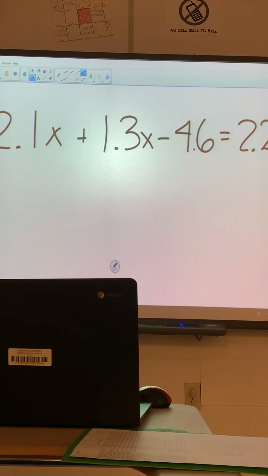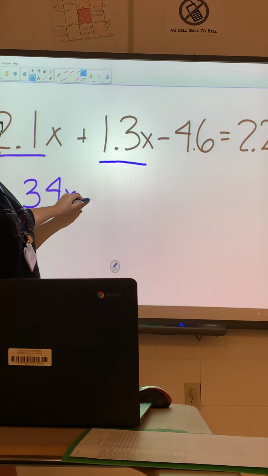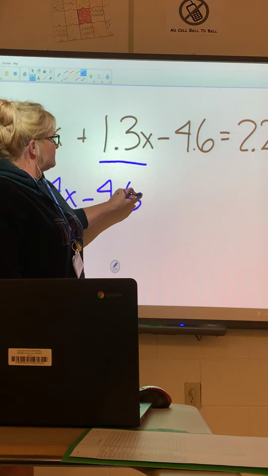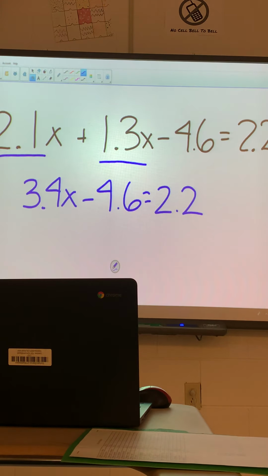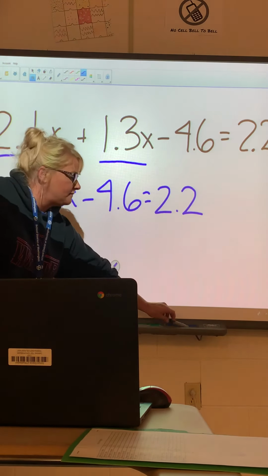All right, I'm gonna go ahead and work the first step. Let's see if you guys got to this. You should have combined your like terms there. They both have an X. And now we're going to start doing the inverse.